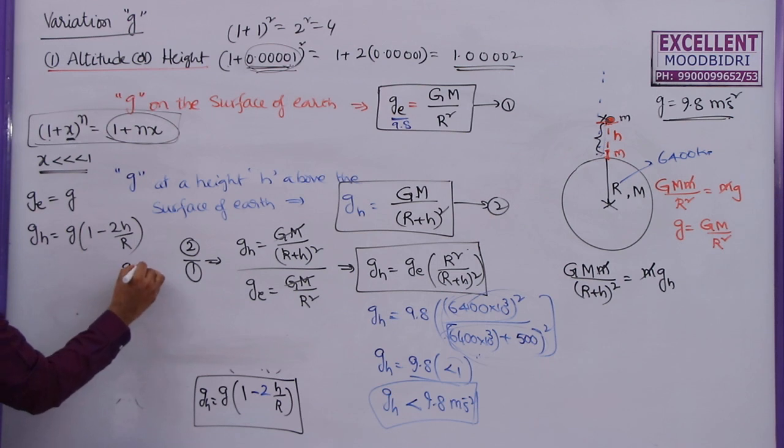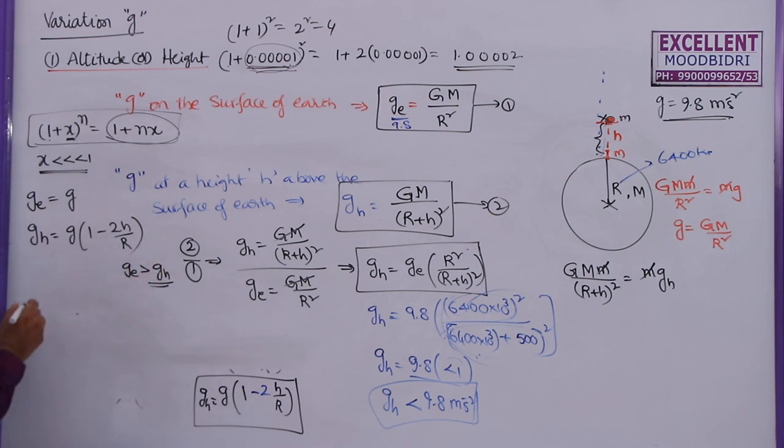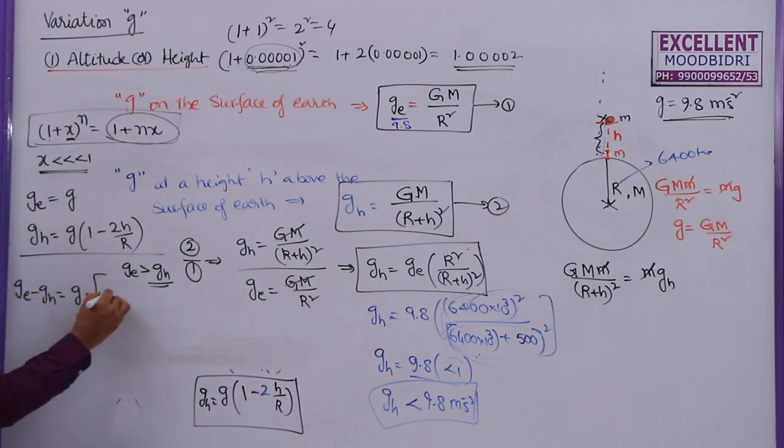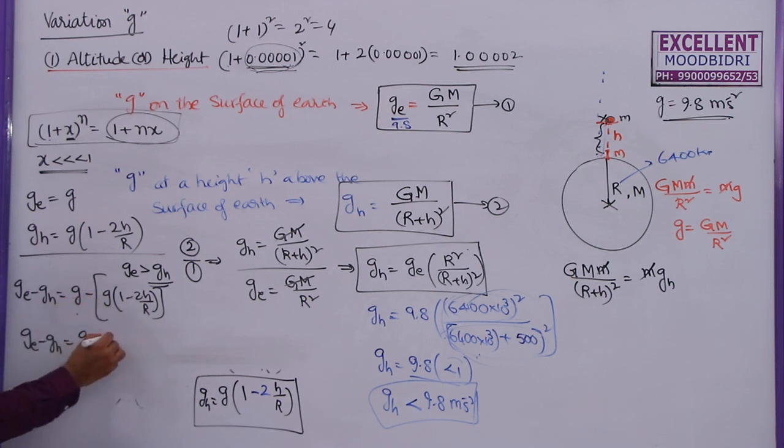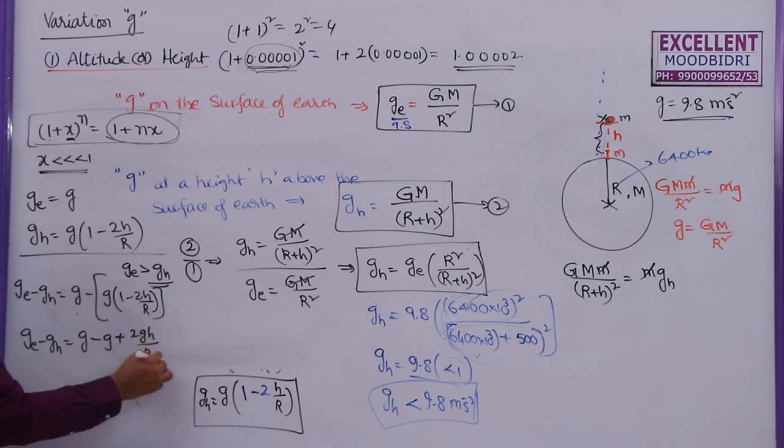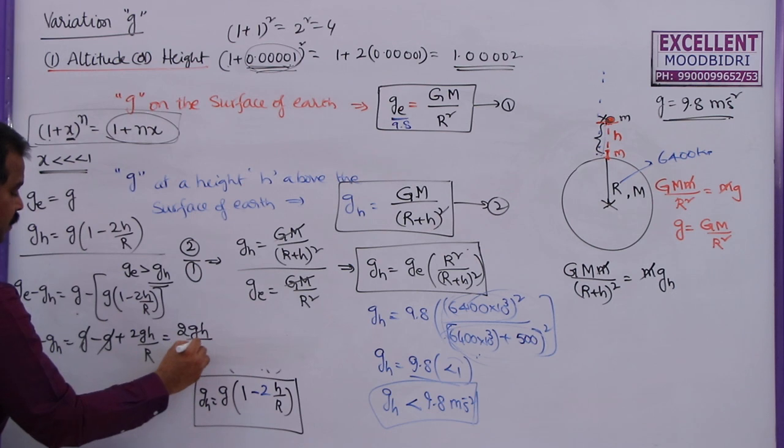So ge greater than gh. Now subtract these two. Ge minus gh is equal to g minus g of (1 minus 2h by r). So ge minus gh is equal to g minus g plus 2gh by r. You can cancel this and this. This value will become 2gh by r.